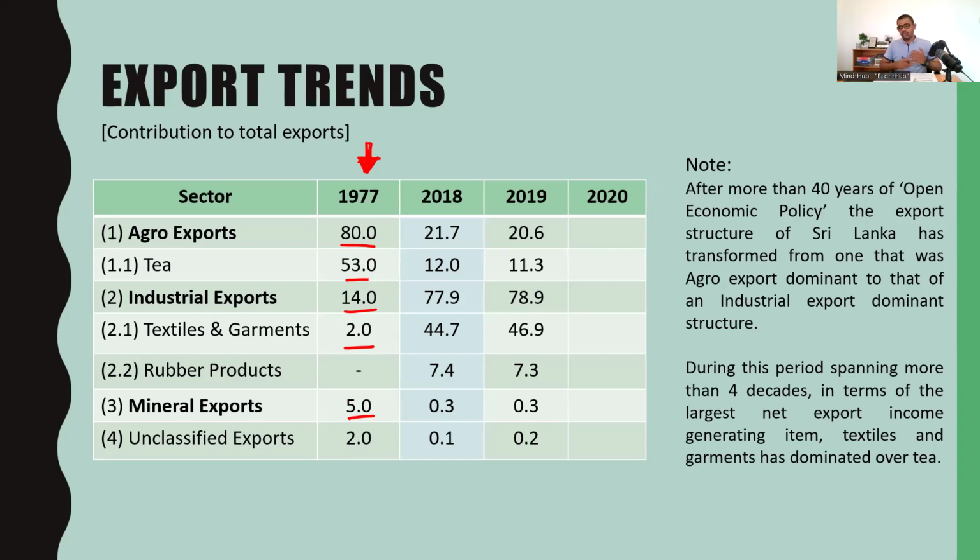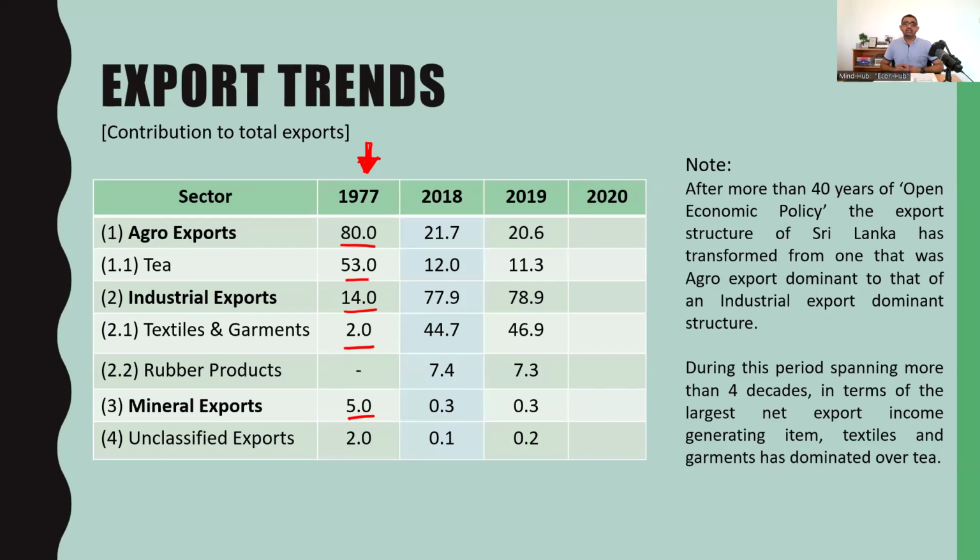Done? Right. So what has happened is, over the last 4.5 decades, Sri Lanka has transformed its export structure, export composition, from that of an agriculture dominant export structure to that of an industry dominant export structure, where the single biggest contributing item has gone from tea, around 53% in 77, to textiles and garments, which was only 14% in 1977.